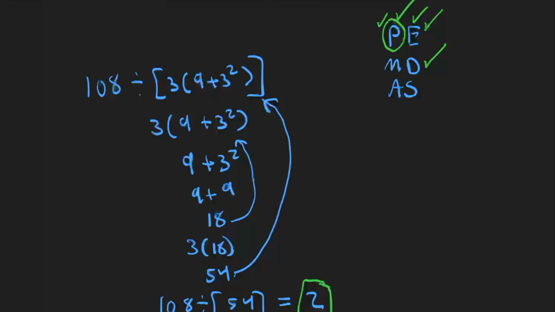And again, see how we did that? We had to start with the smallest parentheses we solved for. Then we went to the next parentheses and solved for it, which was this step here. Got 18. Plug that back into the bigger parentheses. We got 54. And then we solved the entire problem.